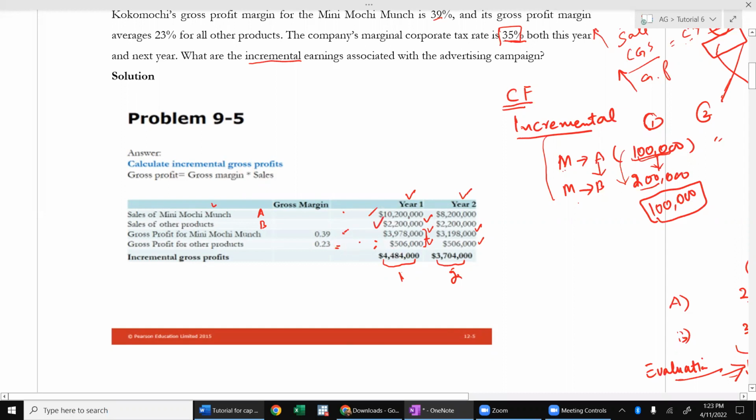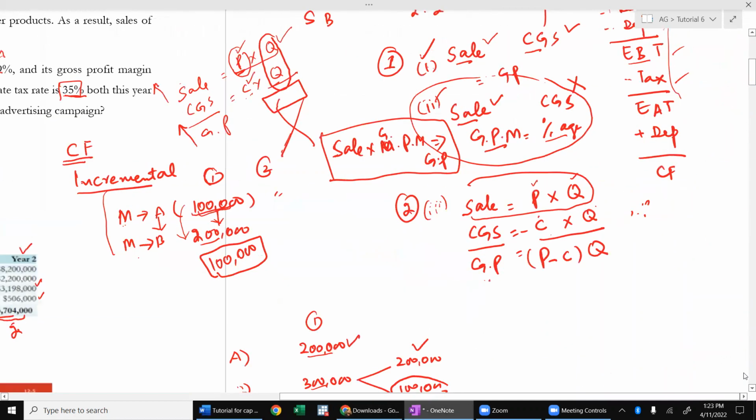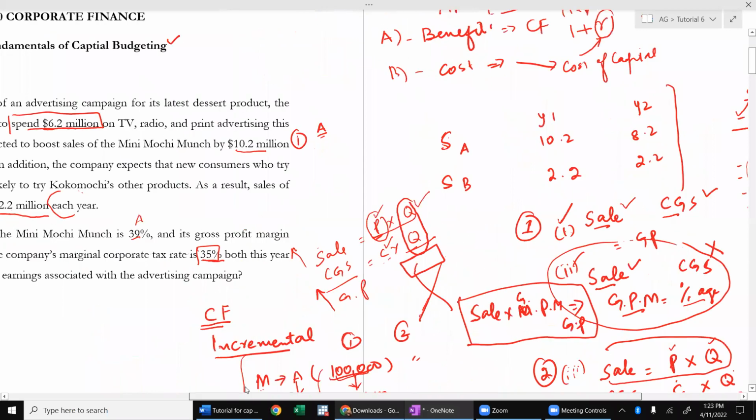Because both of them were new, this is our incremental gross profit. This question did not ask you to go for the cash flow estimation. So the question just stopped at this part, only at the gross profit part. Next question, we will move further from GP to some other part.